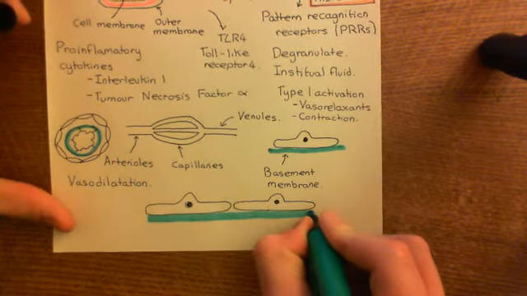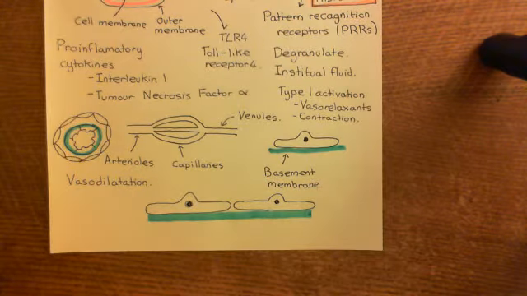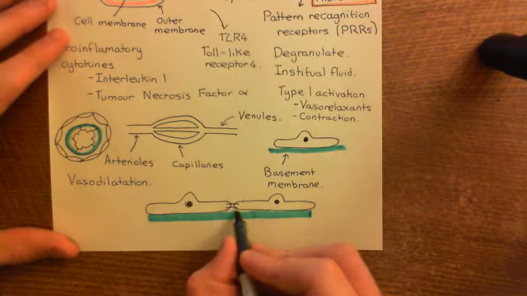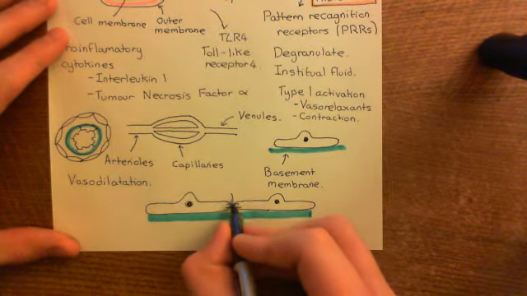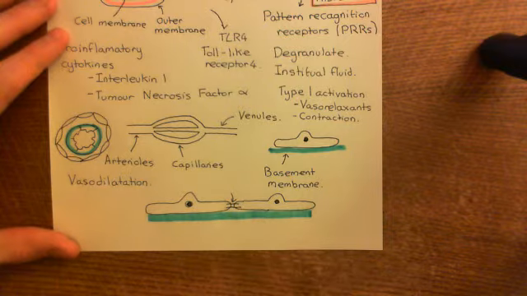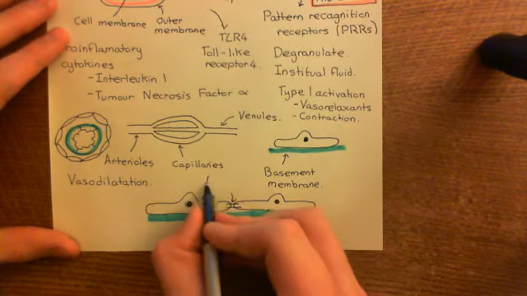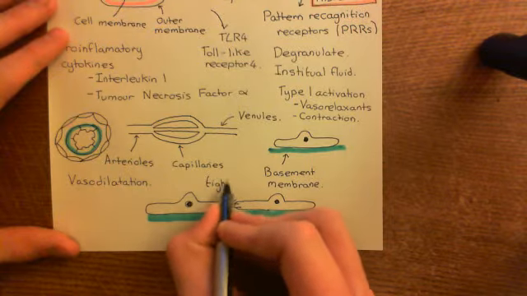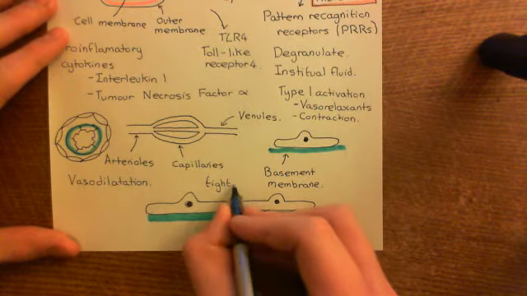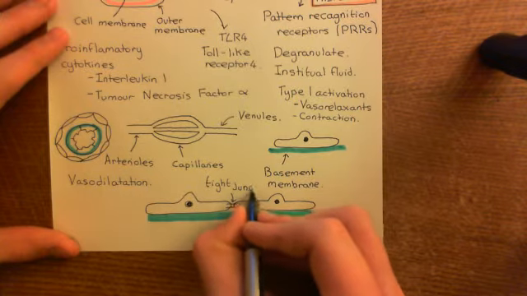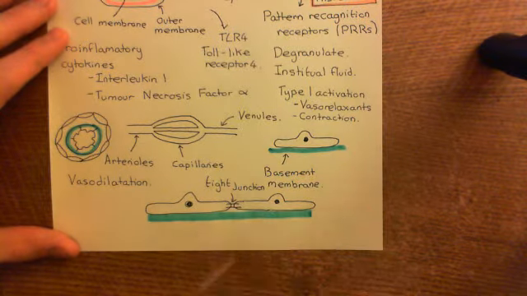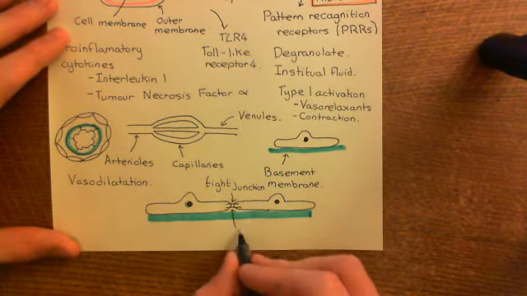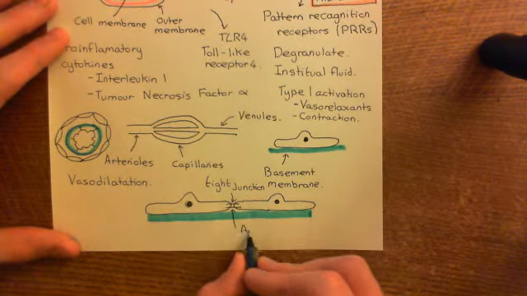So at the adhesion between the two endothelial cells, you have two protein complexes that are holding them together. The one that's closer to the lumen is known as a tight junction. Tight junction. There we go. And then the one that's closer to the basement membrane down here, that's known as an adherens junction.